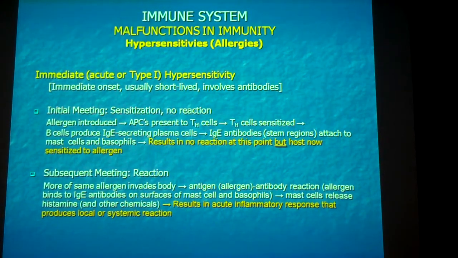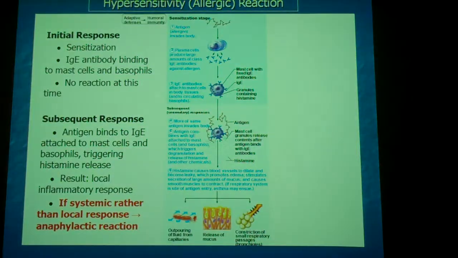And when you meet this antigen the second time, you're going to get an antibody response, and that is going to cause the release from these basophils and mast cells, which contain histamine. It's going to cause vasodilation, it's going to cause some localized inflammation, and this is what you get.